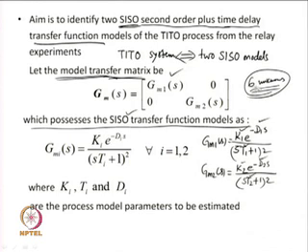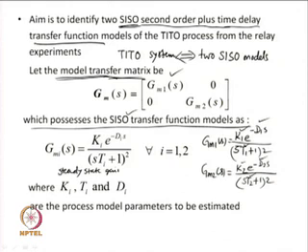What are those K's, D's and T's? K's are the steady state gains. So, we will have two steady state gains K1 and K2. What are the T's?